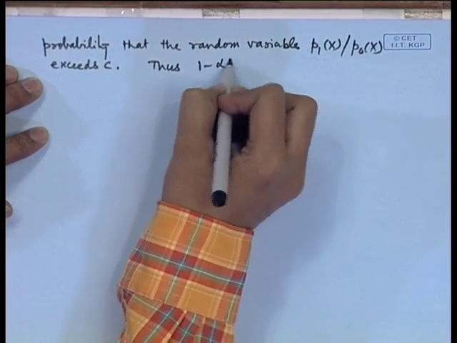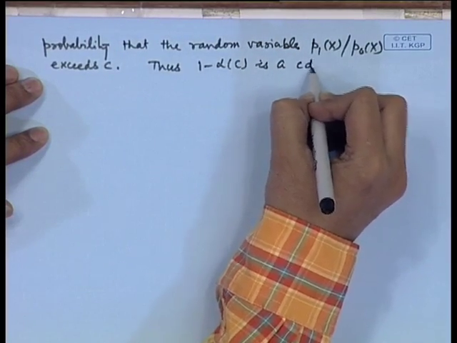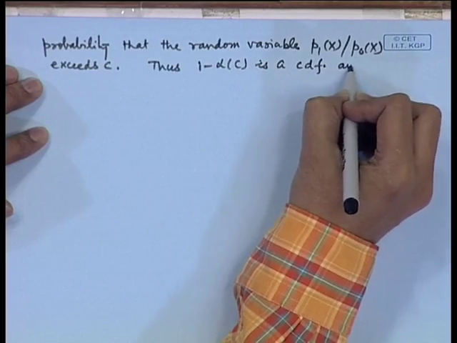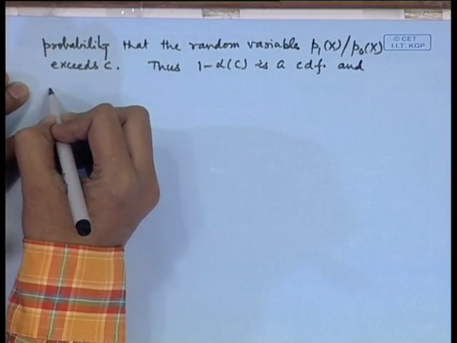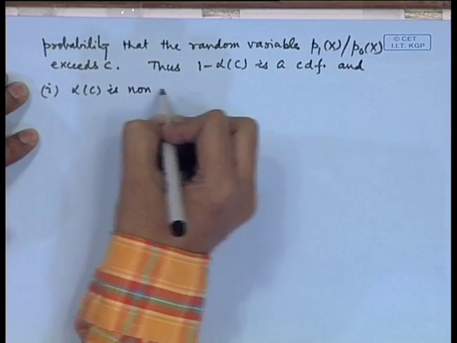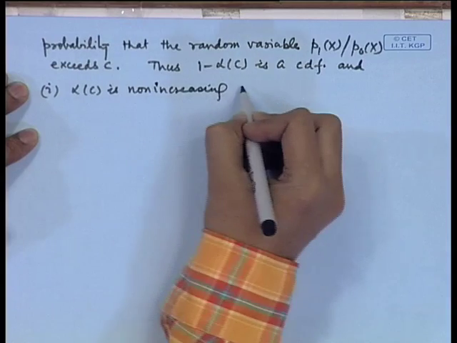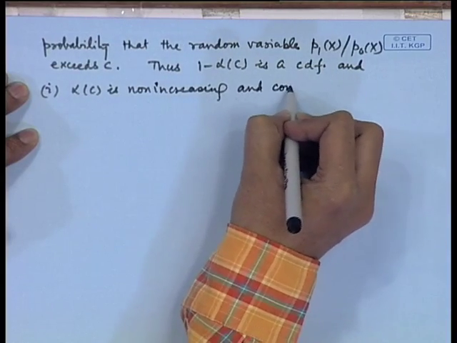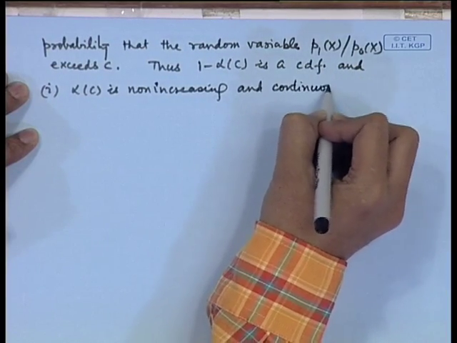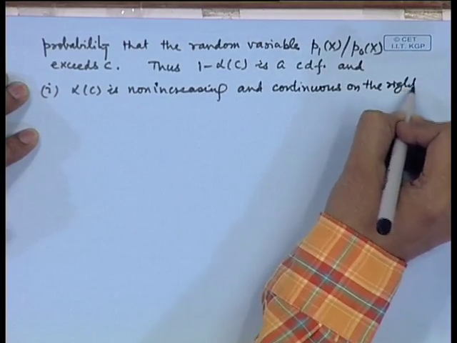Thus, 1 minus alpha c is a cumulative distribution function, and we have the following properties: alpha c is non increasing and continuous on the right, that is the property of the CDF.